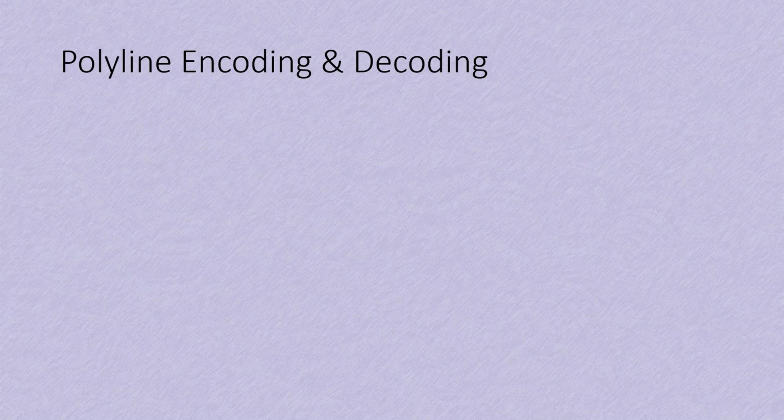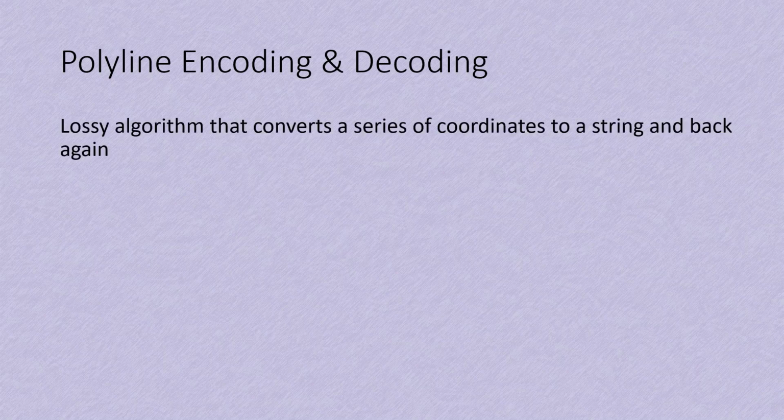Before getting to the demo, I do want to go over a couple of things I'll be showing. Has anyone ever worked with Polyline encoding and decoding? If you've done anything with maps, with Google Maps, you may have come across this. No, can't say I have. It's a lossy algorithm that'll convert coordinates to a string and back again.